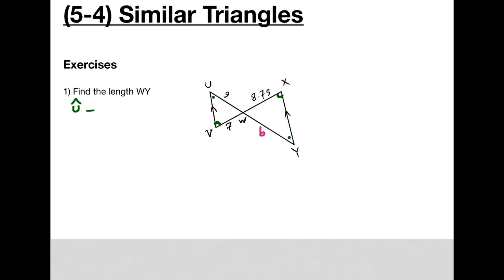Angle U is congruent to angle Y, and angle V is congruent to angle X. So by AA, triangle UVW is similar to triangle YXW.